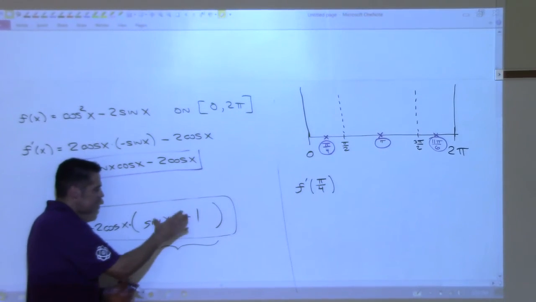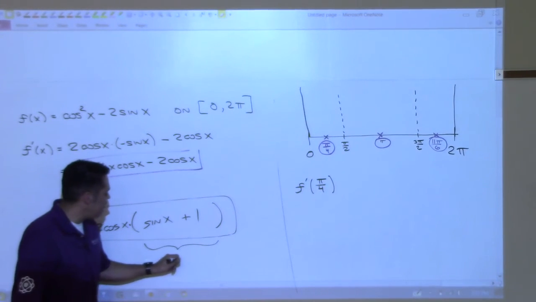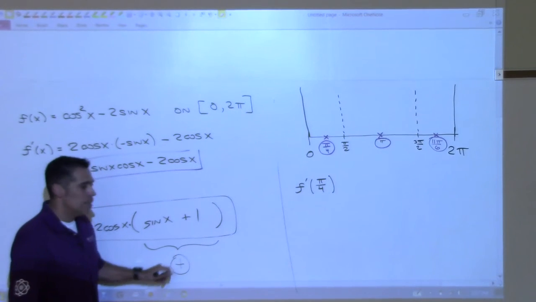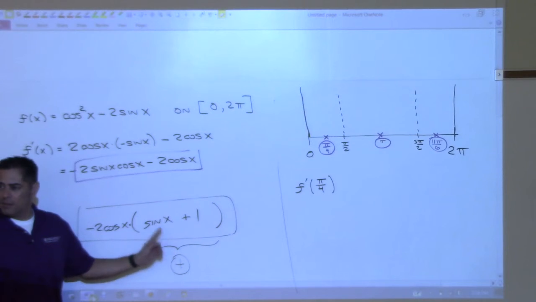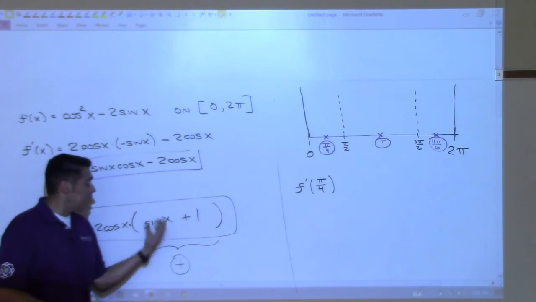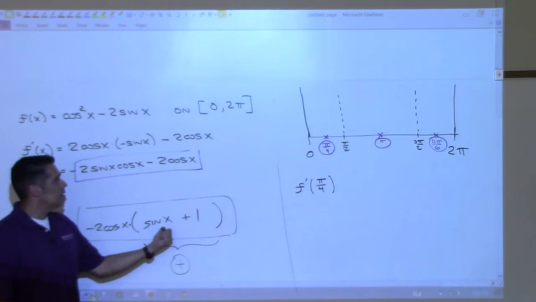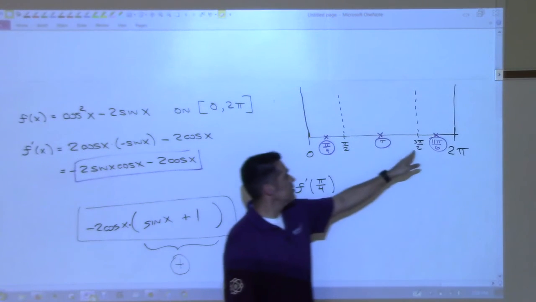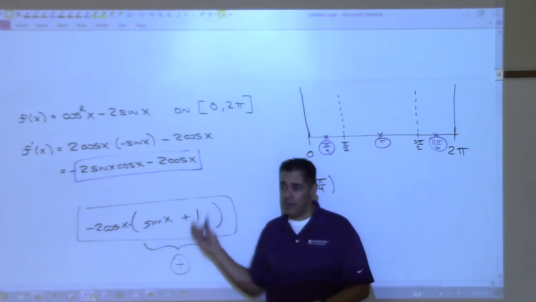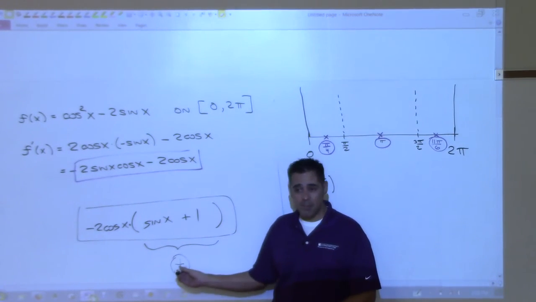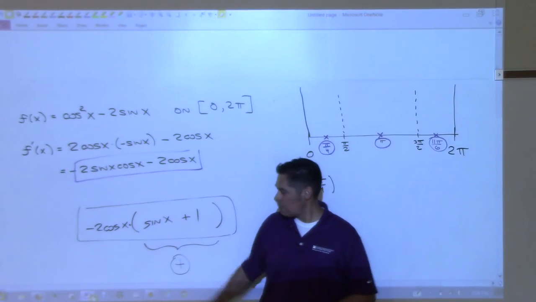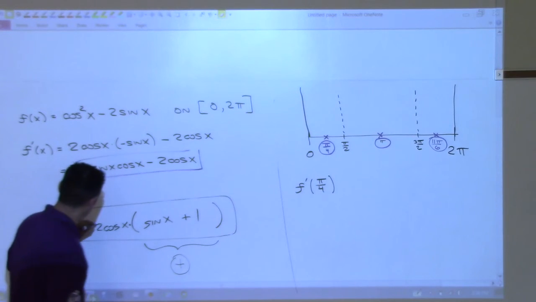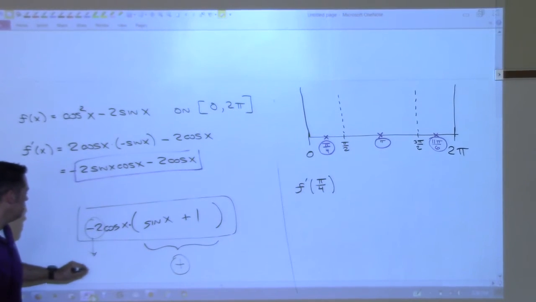So this piece right here will always have to be positive unless that thing becomes 0, right? But if this whole thing becomes 0, then I'm actually at one of my critical numbers, because that would make the whole derivative 0. So this always has to be positive, just by what I know about sign. This right here is a negative number.